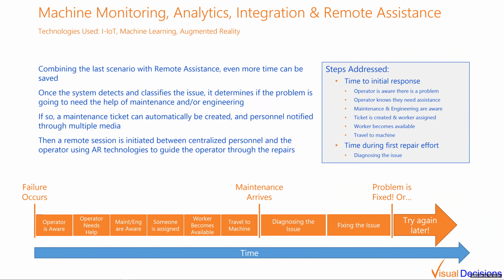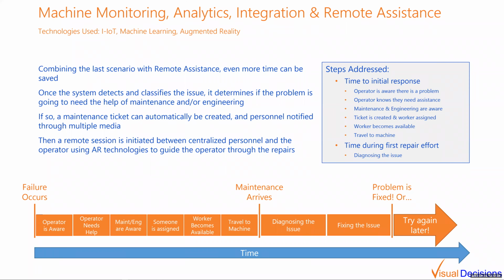And then in an ideal scenario, we're not only able to notify those people, but we can actually provide remote assistance to the operator so that nobody has to travel to the machine. The maintenance team or the engineering team can actually instruct the operator what to do, just using their smartphone as a communication device.